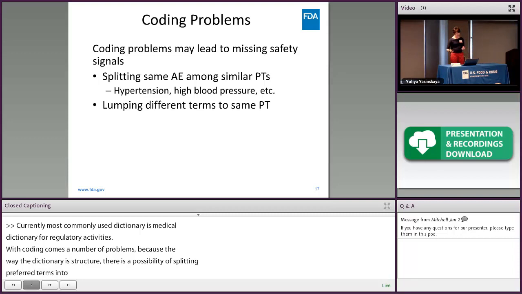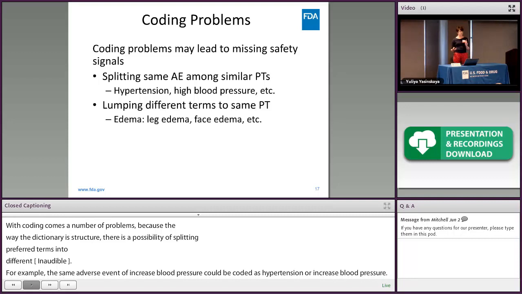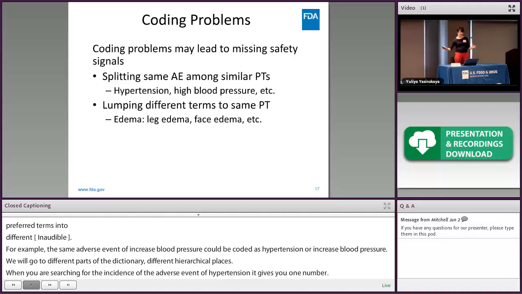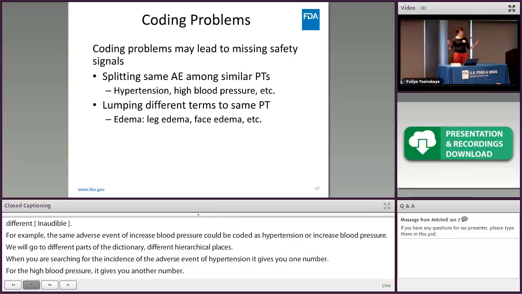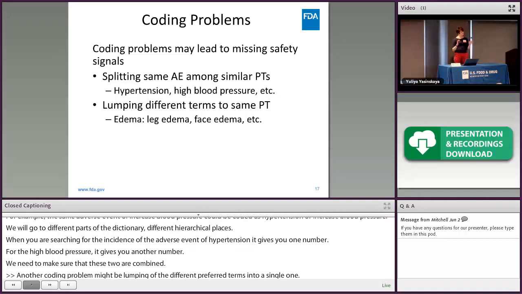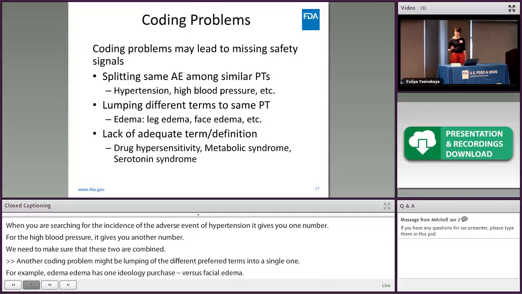Another coding problem might be lumping of different preferred terms into a single one. For example, edema. Leg edema has one etiology versus facial edema. You know, these have a very different background, very different pathogenesis. Lumping them together can obscure a certain safety signal. In addition, there might be a lack of adequate term definitions, particularly for syndromic adverse events such as drug hypersensitivity, metabolic syndrome, or serotonin syndrome.